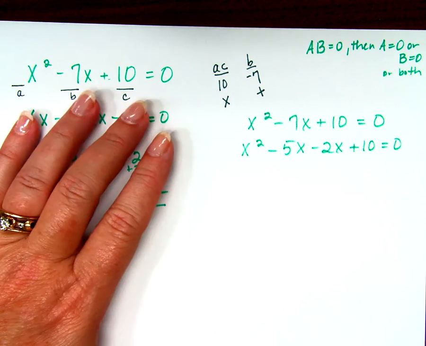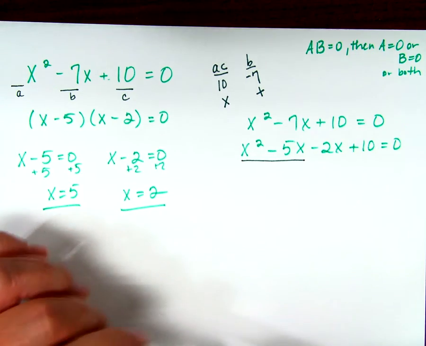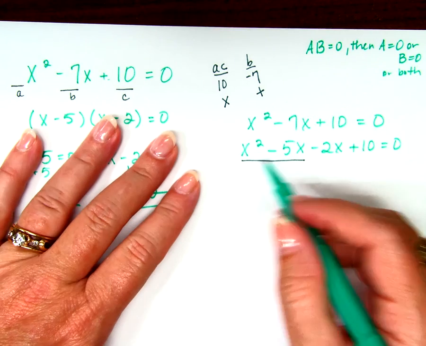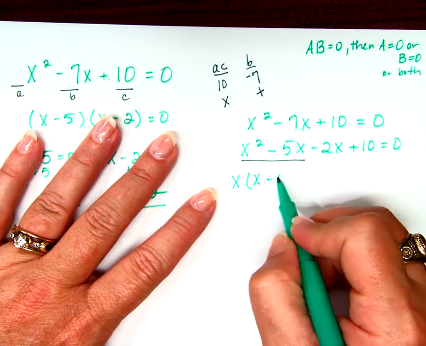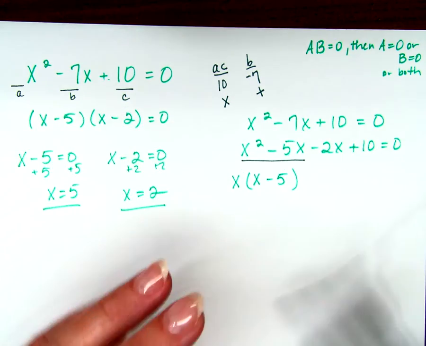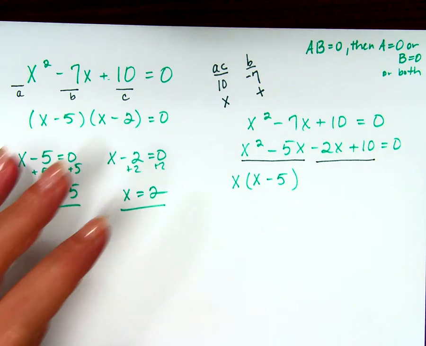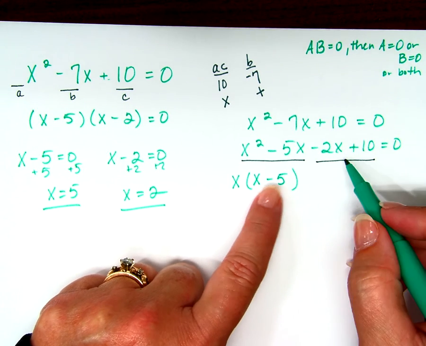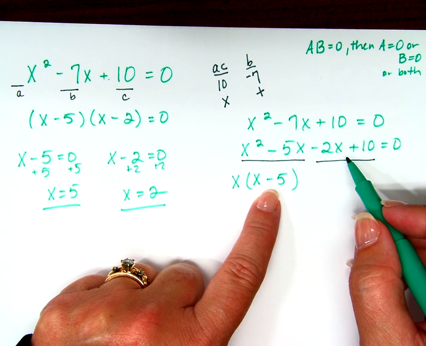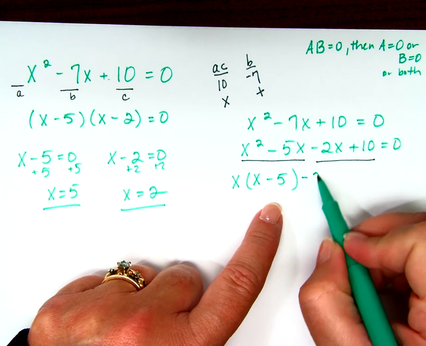Okay? Then I just look at the first two terms. What's common in just the first two terms? What can I factor out? An x, right? If I factor out an x, I have x minus 5 left over, correct? Now what's common in just the second two terms? A 2, right? But we know that we need our second parentheses to look exactly like our first parentheses. So what do I need to factor out instead of just a 2? A negative 2. Okay?